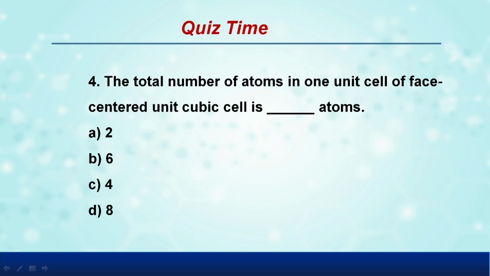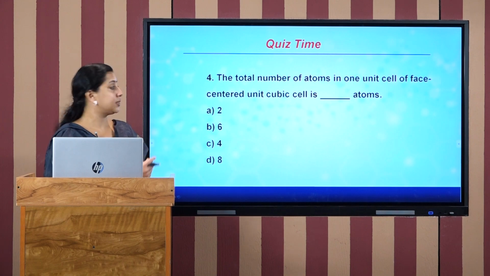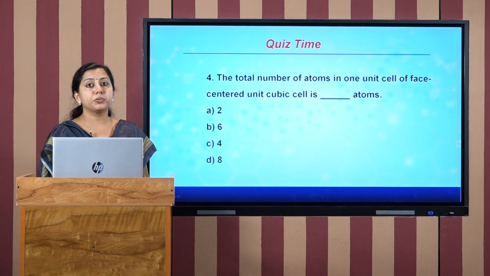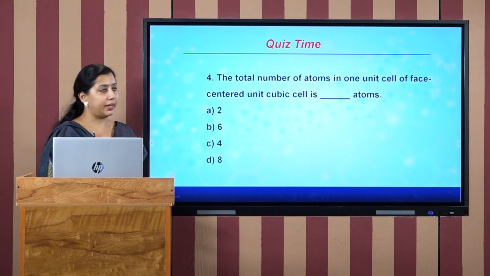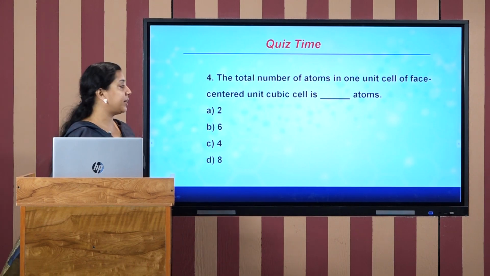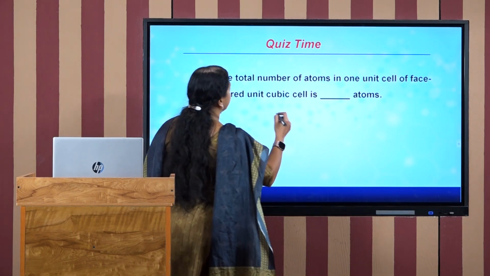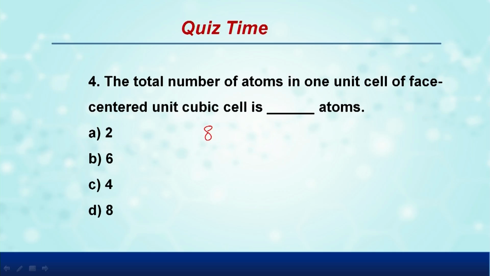Now, the fourth question: the total number of atoms in one unit cell of face centered unit cubic cell is dash. We have the options: option A 2, option B 6, option C 4 and option D 8. In a face centered, again the atoms are present at the corners.